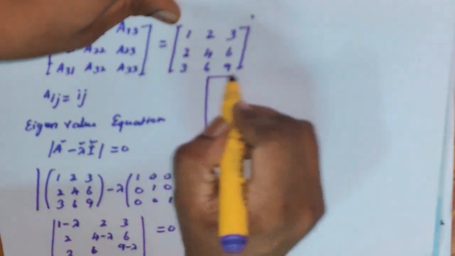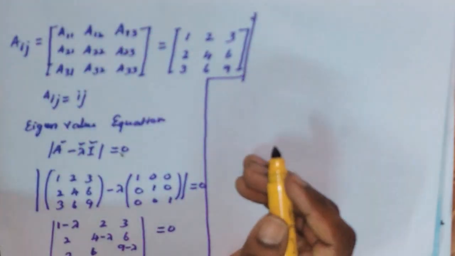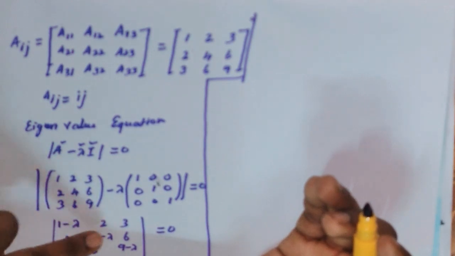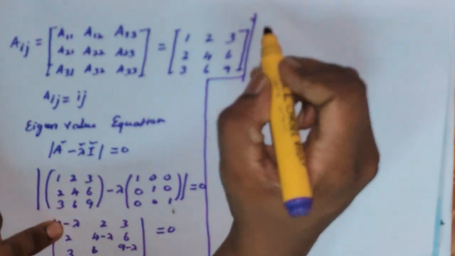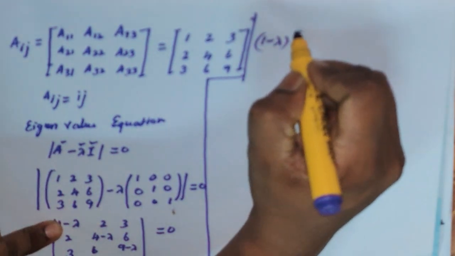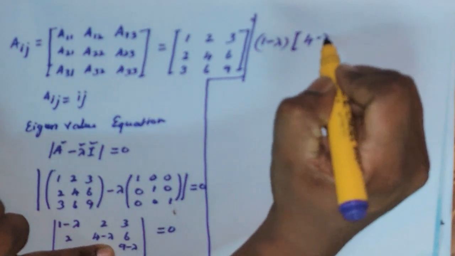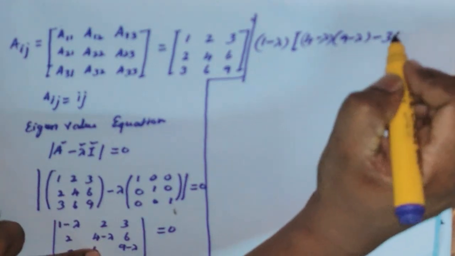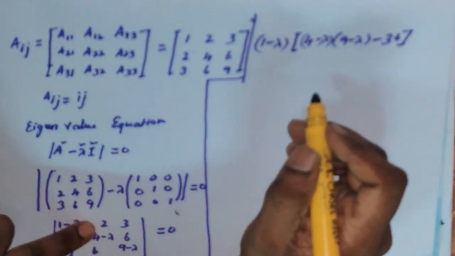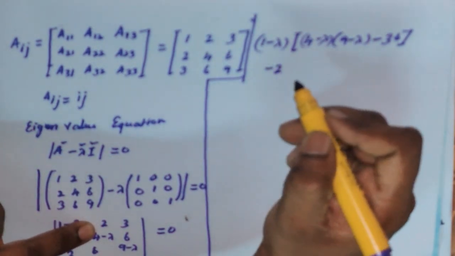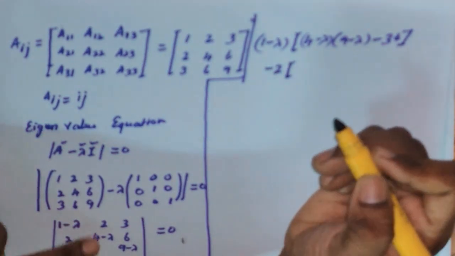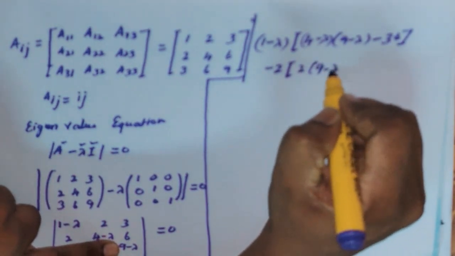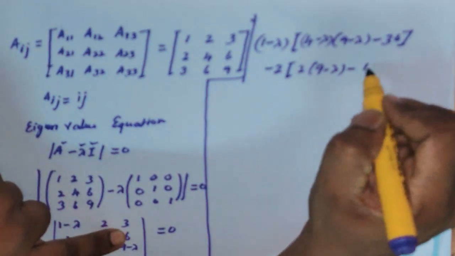Expand along the first row. Keep the first element, 1 minus lambda, leave its row and column, and take the determinant of the submatrix: 4 minus lambda times 9 minus lambda minus 6 times 6, which is 36. Then the second element with a minus sign: minus 2 times, leaving its row and column, 2 into 9 minus lambda minus 3 times 6, which is 18.